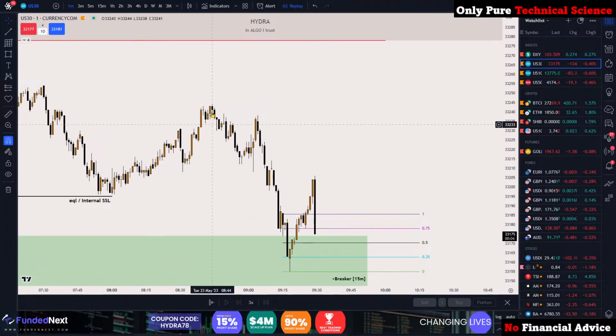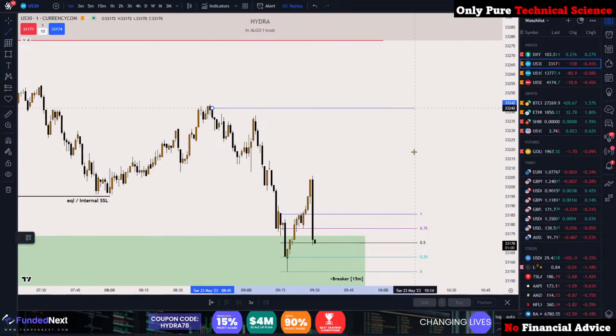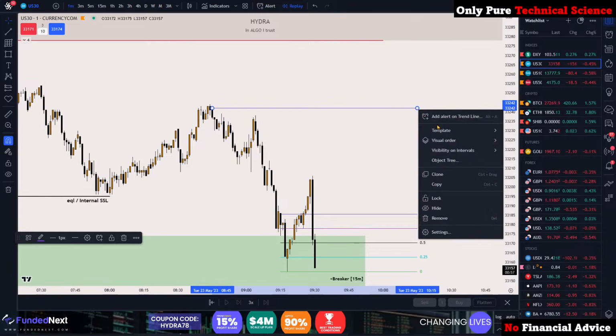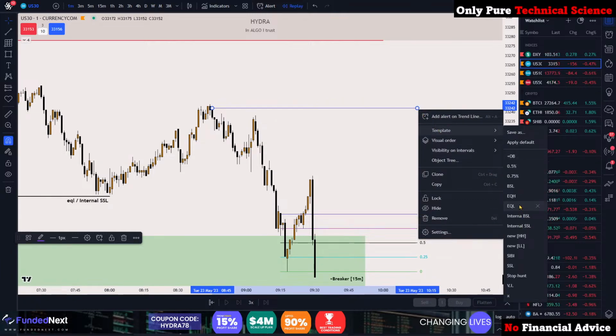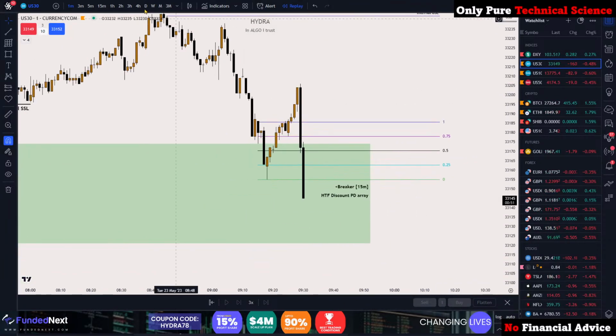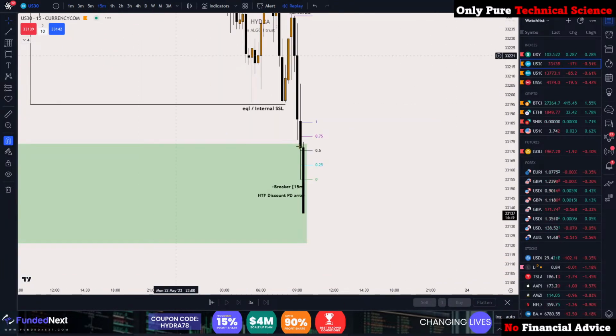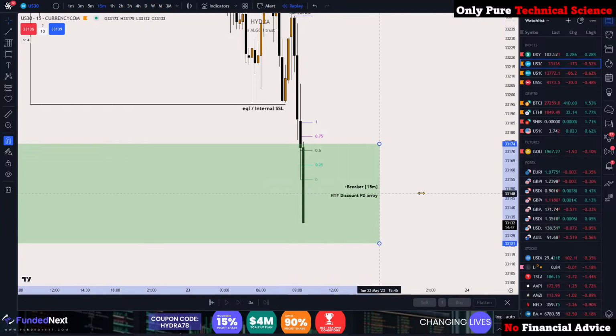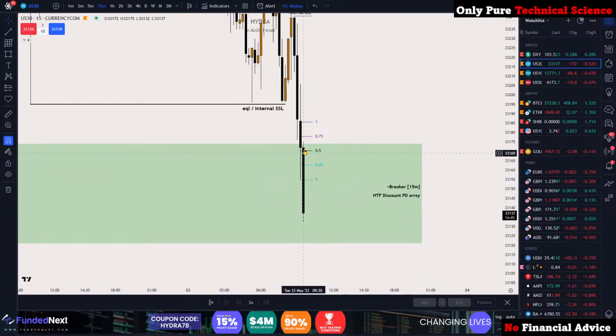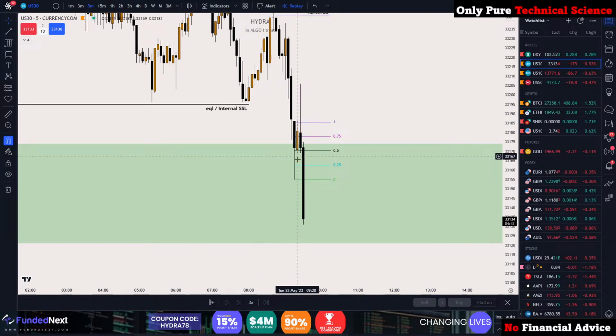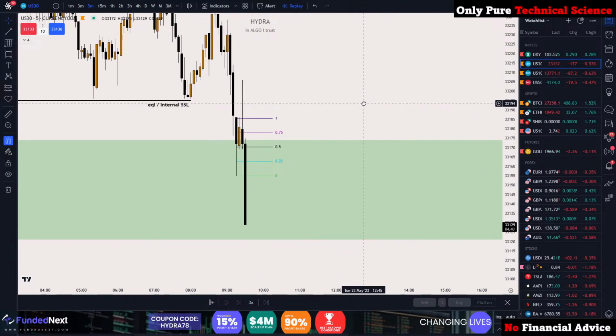So I want to see price coming up, hitting these relative equal highs, which is our major level of buy side liquidity. Sorry, internal buy side liquidity. And you can see that's the reason I told you I didn't like this retracement at this candle, right?